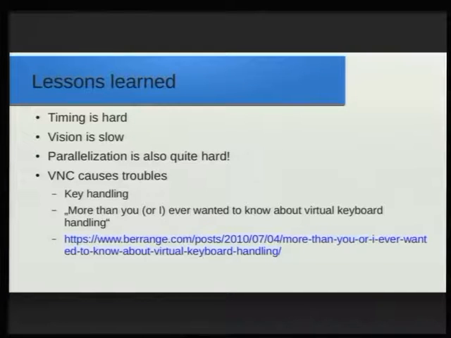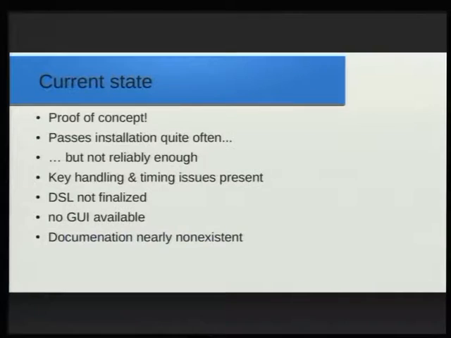I will get to this as well during the demo. So, the current state is that it's a proof of concept, it works, it's not reliable, it passes installation quite often, but it's not reliable enough, like it's not 90% reliable.